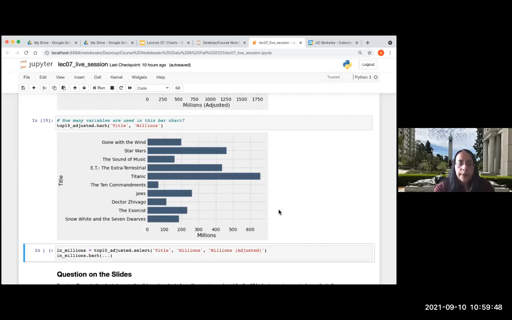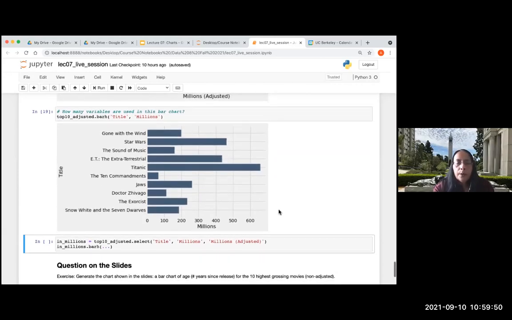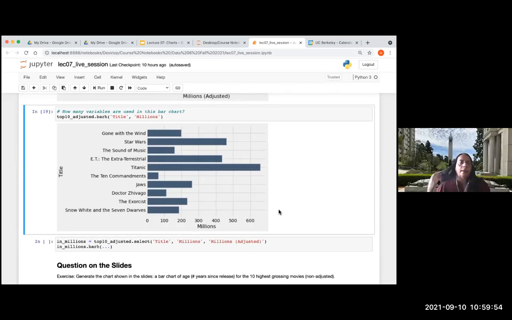Yes, thank you, Mokht. Okay, so what I'm going to show you now is what happens when I try something else. So I am going to make a reduced table. It's going to have only 3 columns: the title, millions, and millions adjusted. All right, so I'm using dot select.